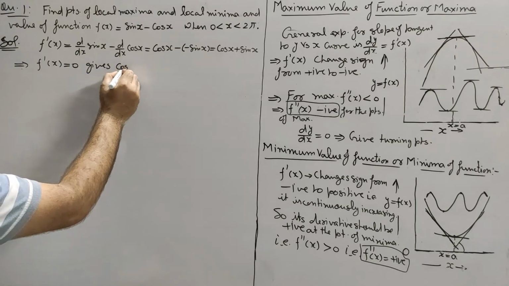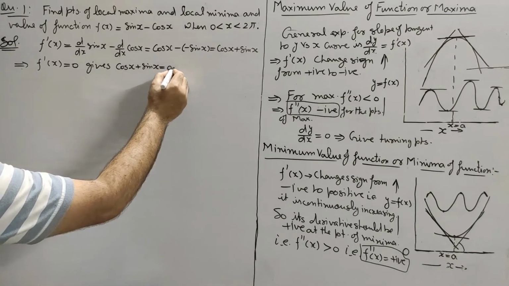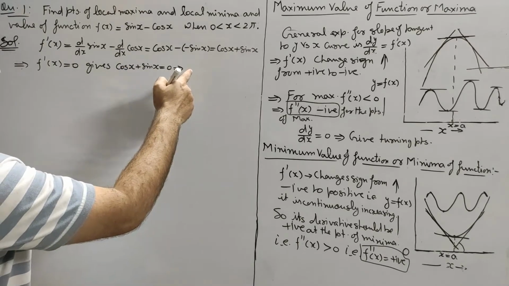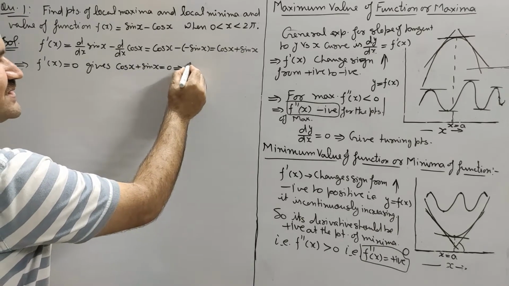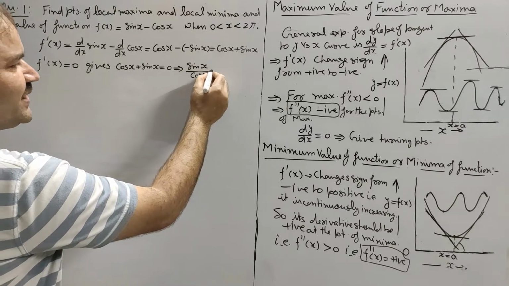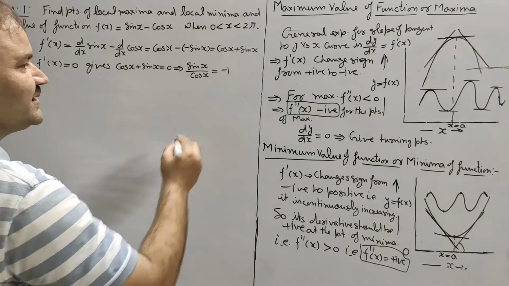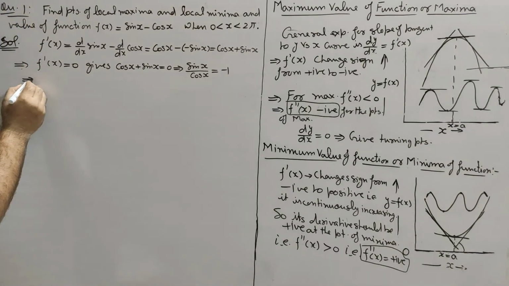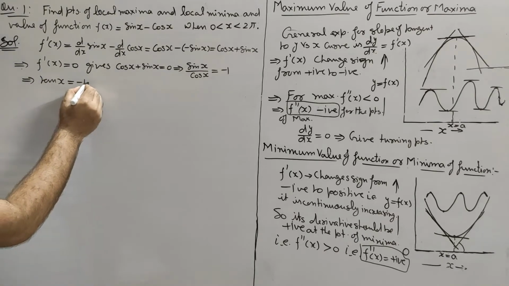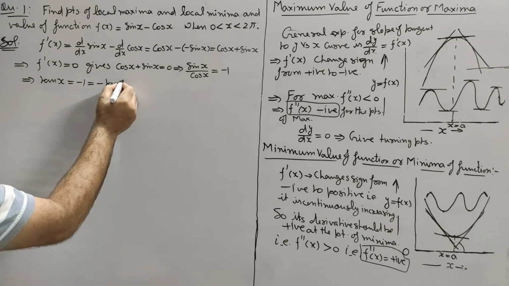This implies f dash x is equal to 0 gives cos x plus sin x is equal to 0, and this gives sin x is equal to minus cos x, or sin x upon cos x is equal to minus 1, and this means tan x is equal to minus 1, means minus tan pi by 4.